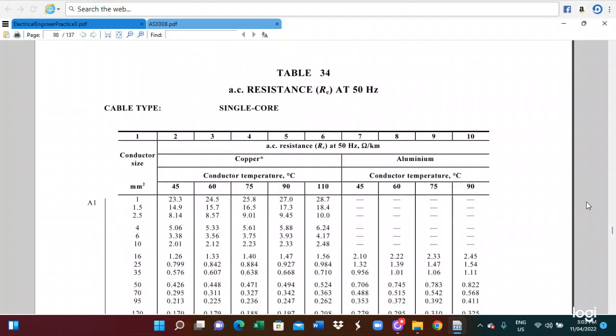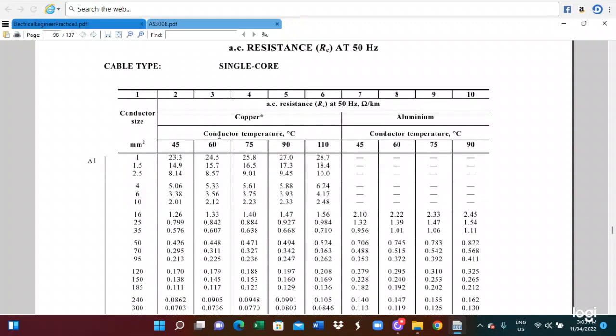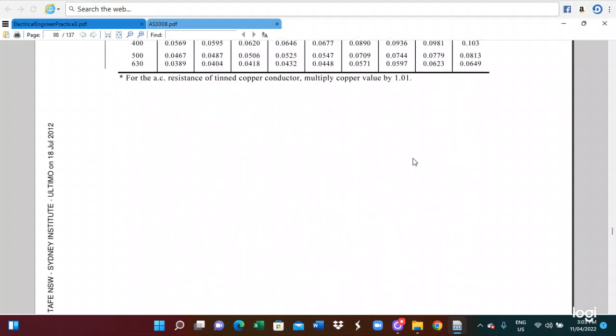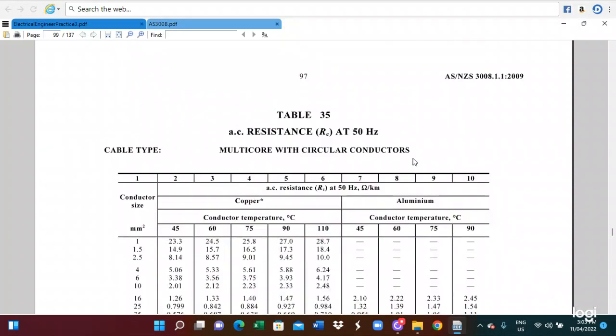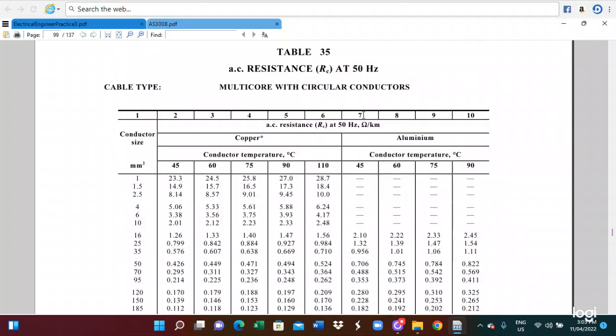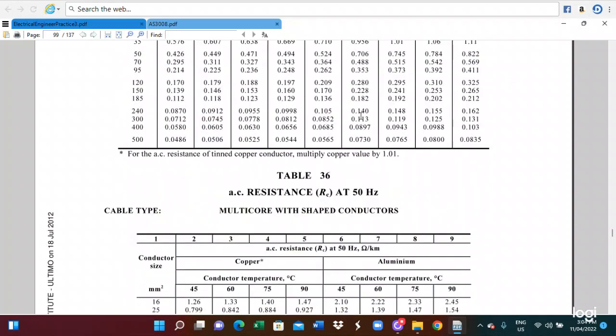Table 34 is for single core cable, copper or aluminum; depending on the conductor cross-sectional area, we calculate the cable impedance at 45 to 90 degrees centigrade. Table 35 is for multi-core cable, copper or aluminum conductor, and we can calculate the cable impedance.